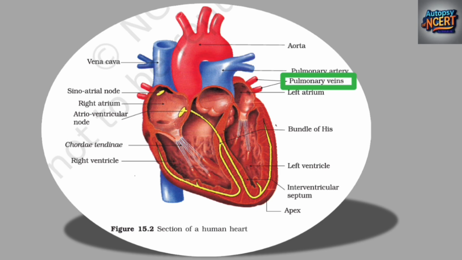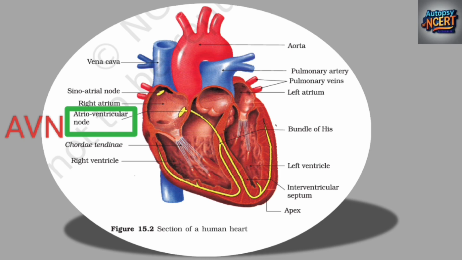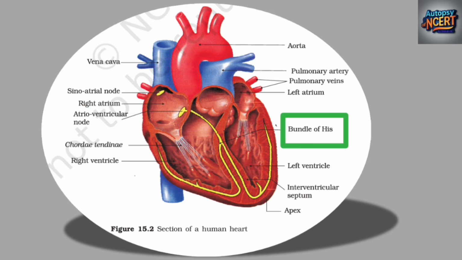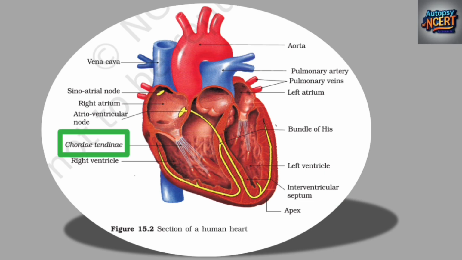Pulmonary veins. Sinoatrial node. Atrioventricular node. Bundle of His. Interventricular septum. Chordae tendineae.